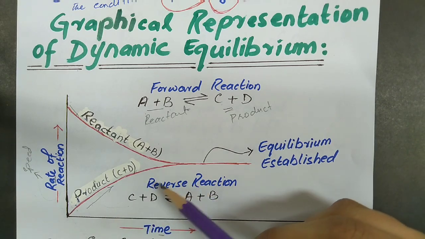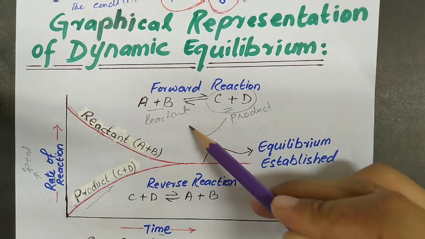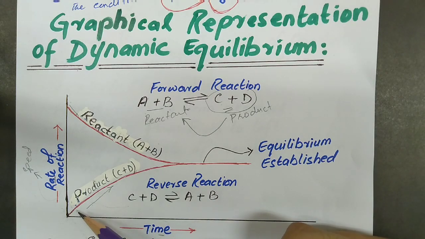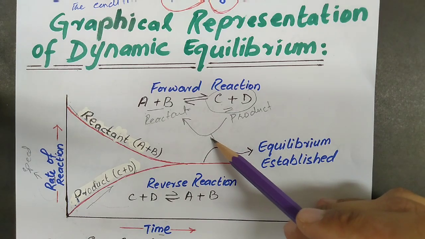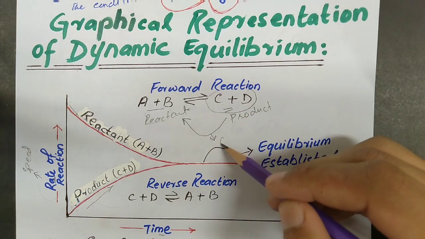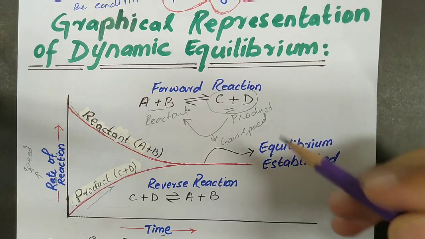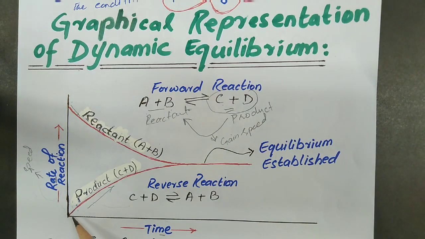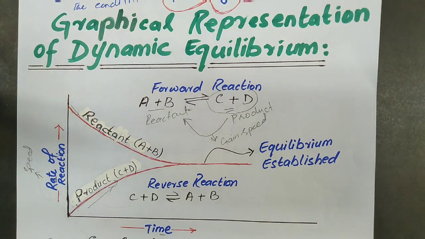Means conversion of product back to reactant also starts with the passage of time, and this reaction gains speed as time passes on. As you can see in the graph, the product graph is going upward.